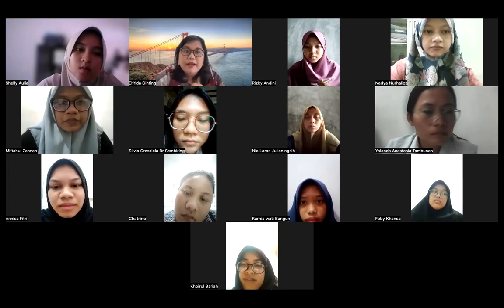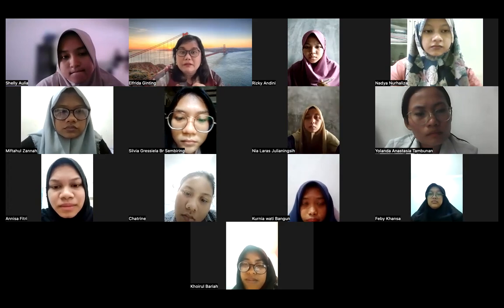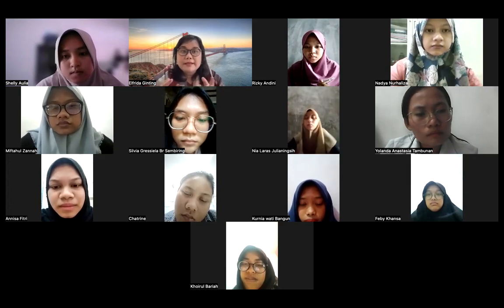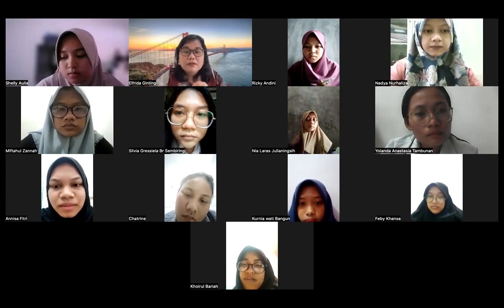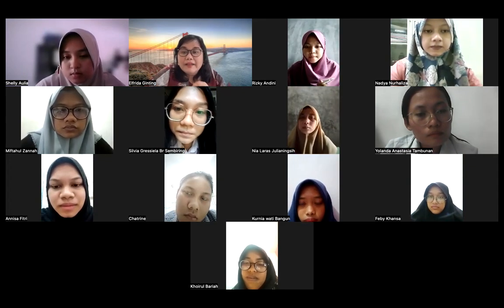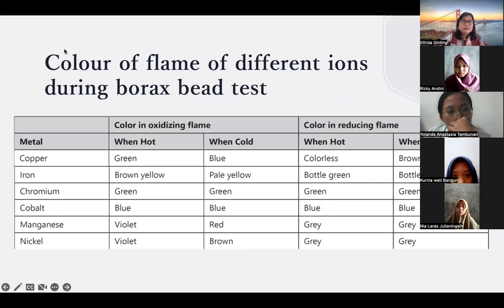Maybe you have a mix of two different kinds of metal. Then you won't get the same color as the table here. The colors in here are all for pure copper, pure iron, pure chromium, pure cobalt, manganese, and nickel.